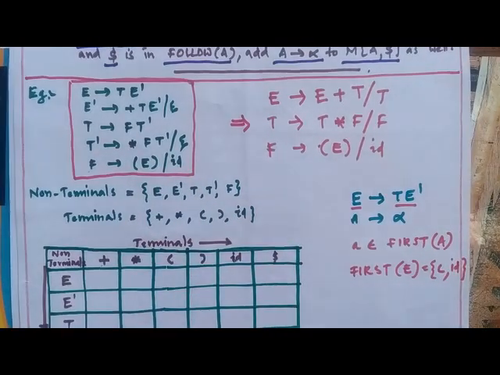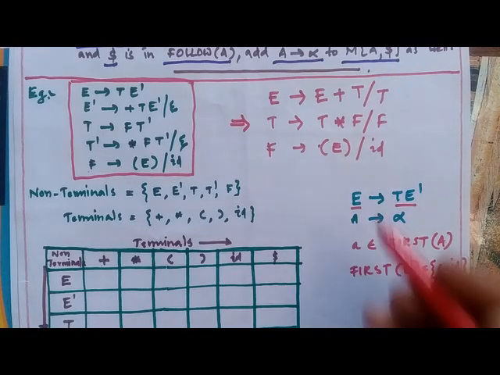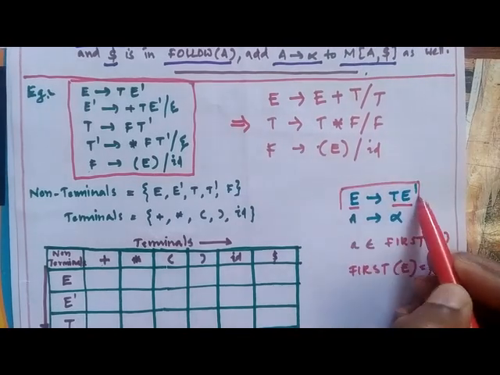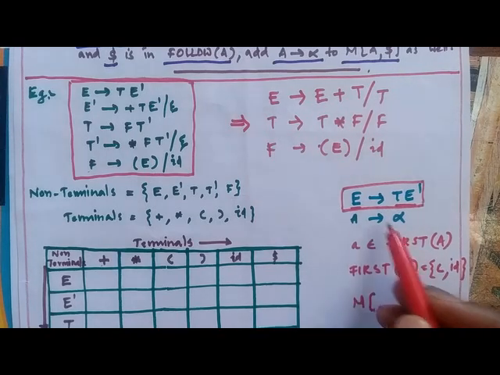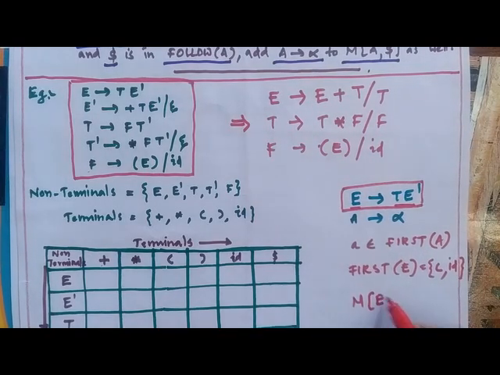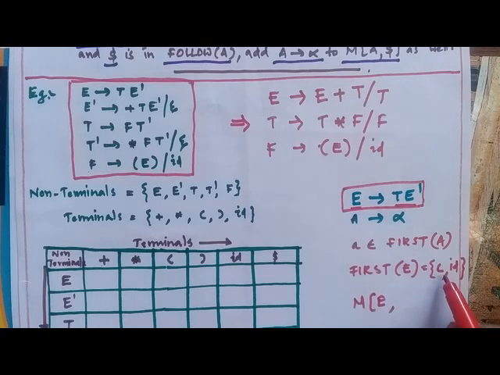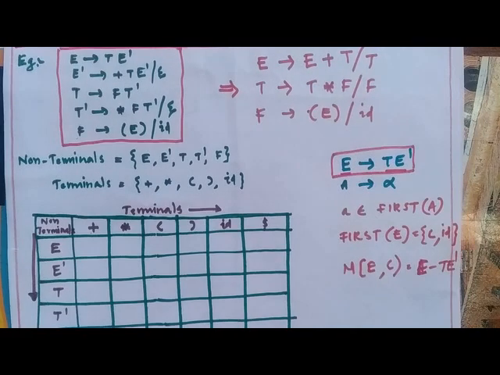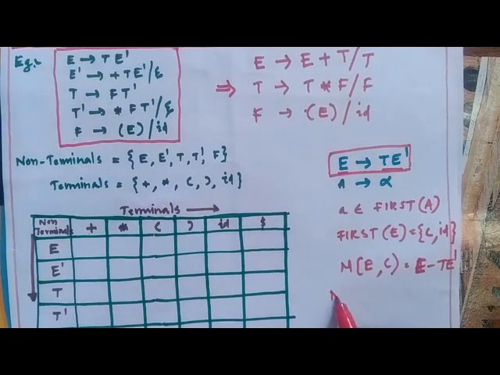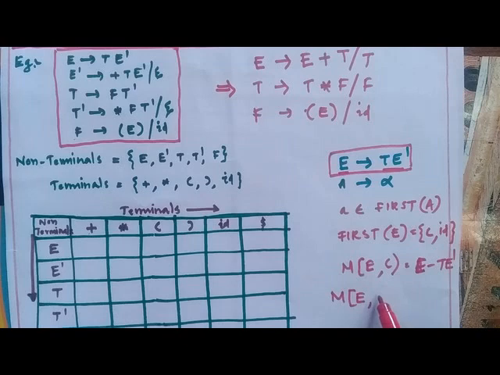Then according to the first rule, for every terminal symbol present in first of E, we need to add A gives alpha, that means E gives T E dash, to the entry M of E, left bracket, and M of E, ID.